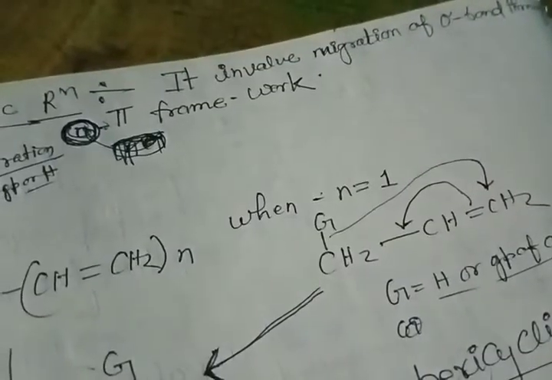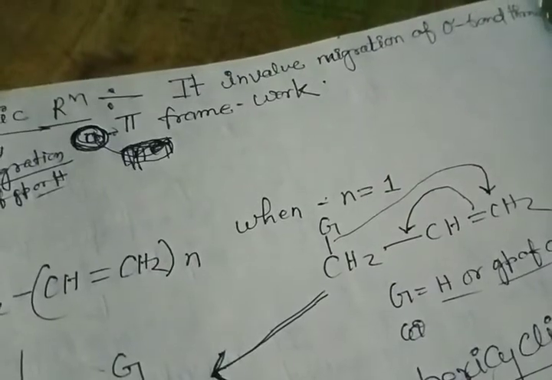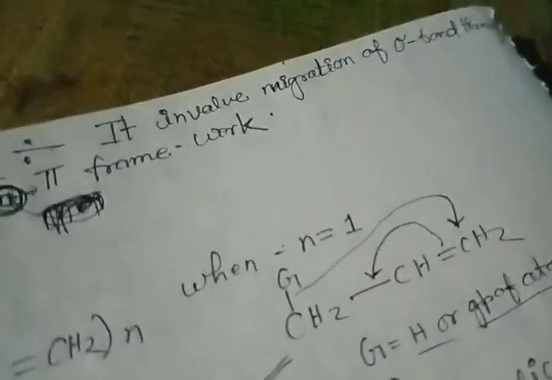When n is equal to 1, then CH2 double bond CH, this H goes to here, and for this one CH2 CH2.